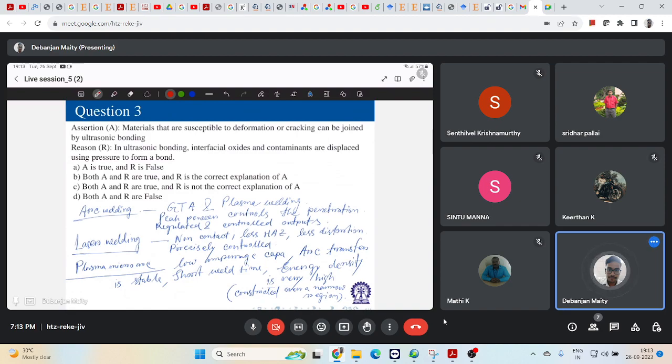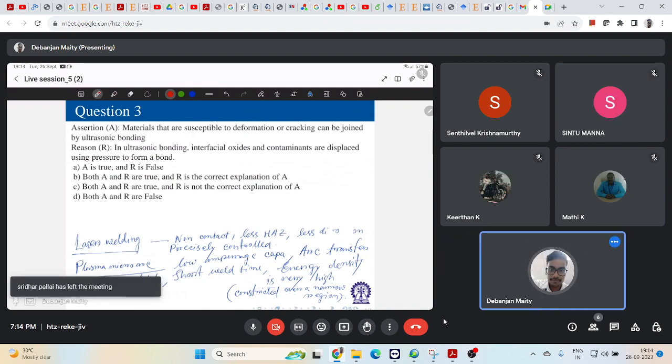What about question 3? It says materials that are susceptible to deformation or cracking can be joined by ultrasonic bonding. It's fine.